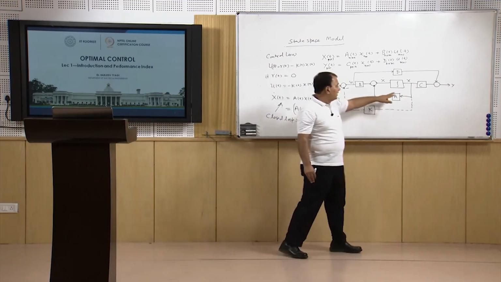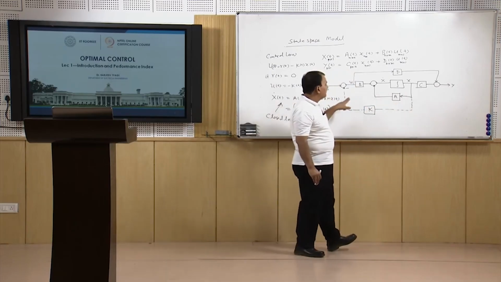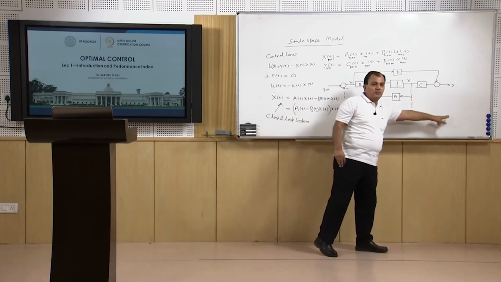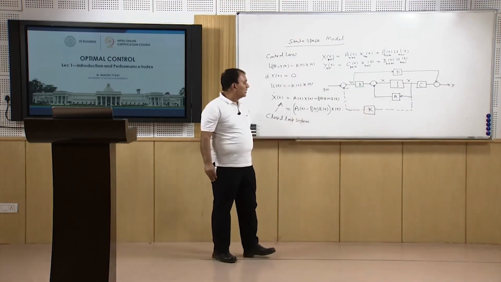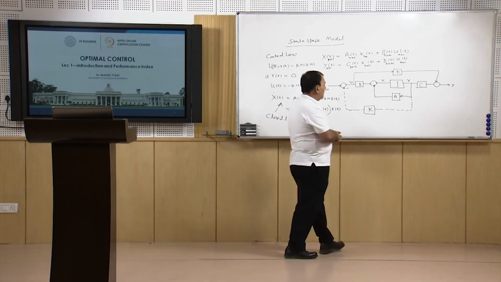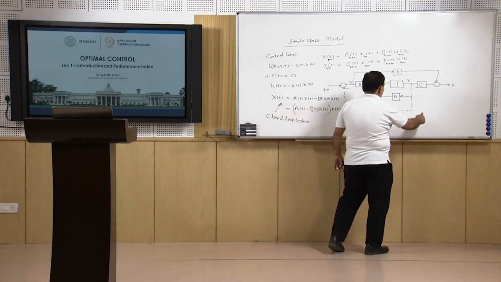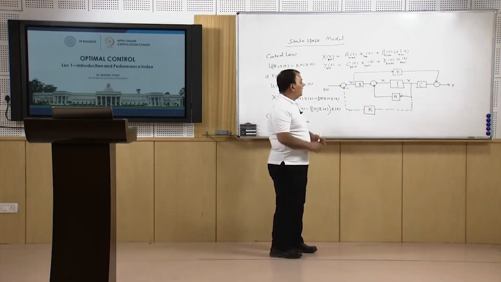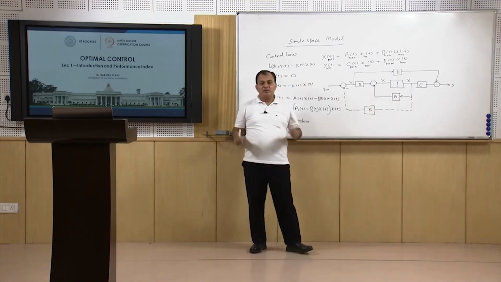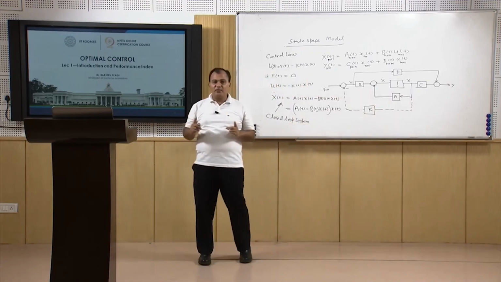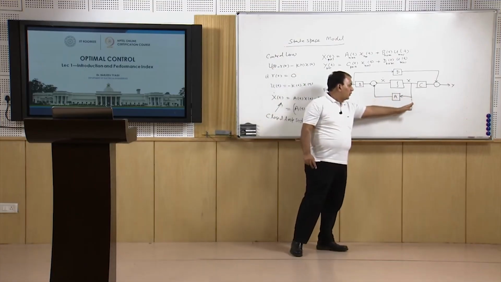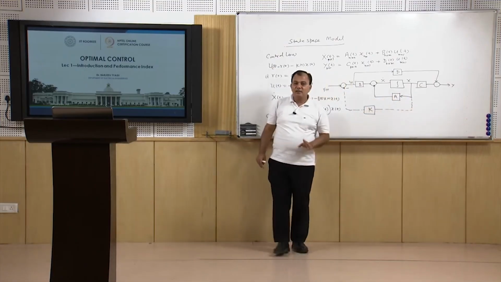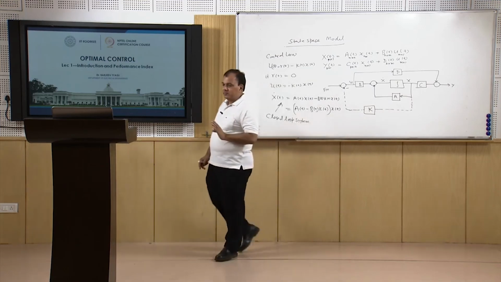Similarly, as we are taking the feedback from the state, we can also take the feedback from the output y. If I take the feedback from the output, then this is called the output feedback system, and if I am taking the feedback from the state, then this is called the state feedback system.